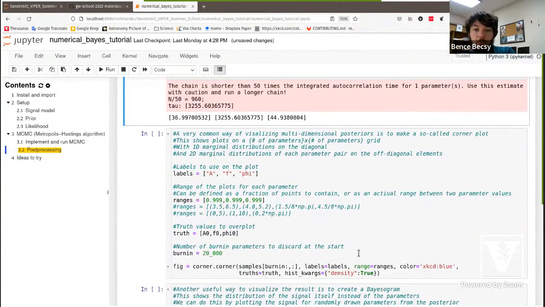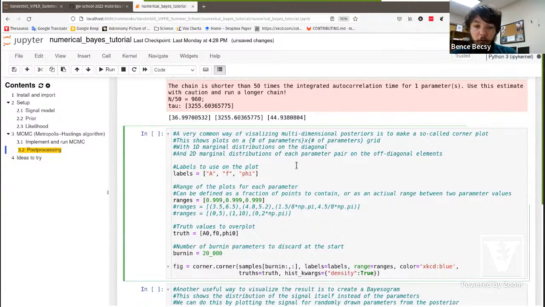Another kind of visualization: even in this three-dimensional problem, you cannot really plot the three-dimensional posterior distribution of the parameters, and it's even more true for hundreds of dimensions. So what we sometimes do is plot something called a corner plot. Let's just run this.